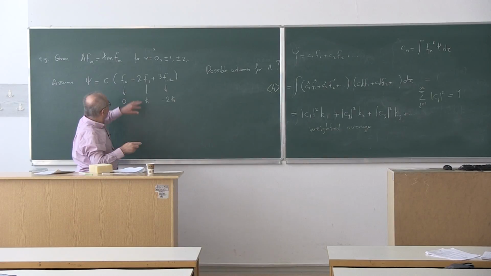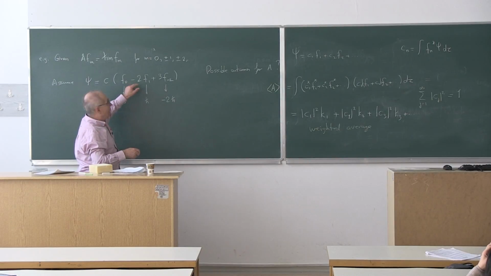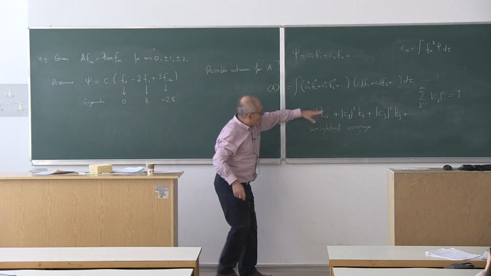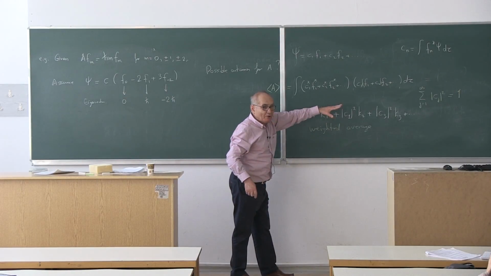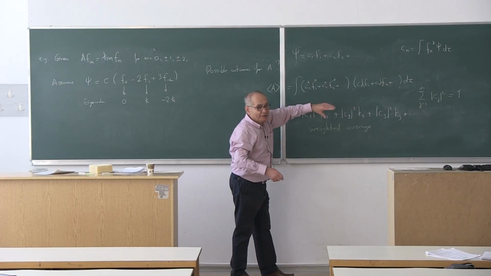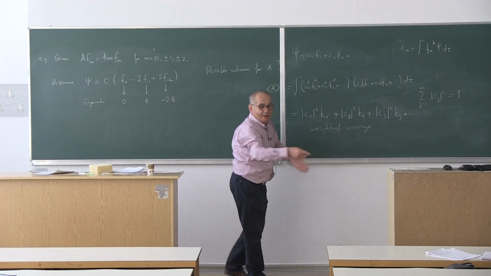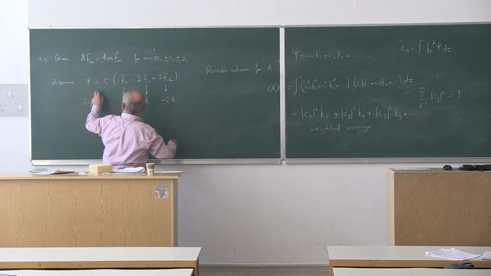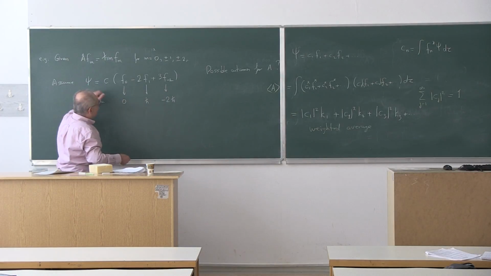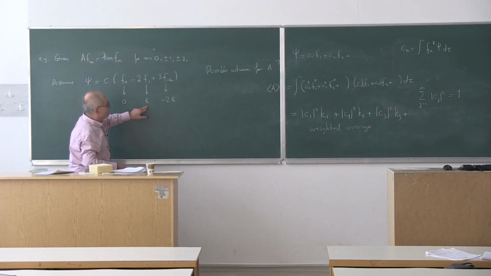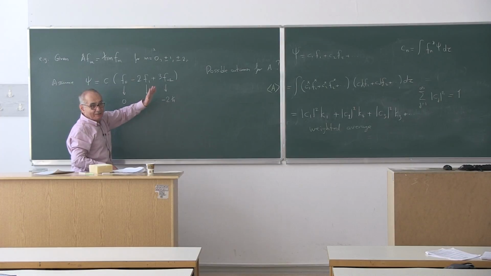Okay? Only these three functions have non-zero coefficient, which means if you compare it with this, only 3 terms are non-zero here. All the other coefficients are 0, therefore weights are 0. So if the particle is in this state, only one of these eigenvalues will be measurable. No other eigenvalue can be measured.